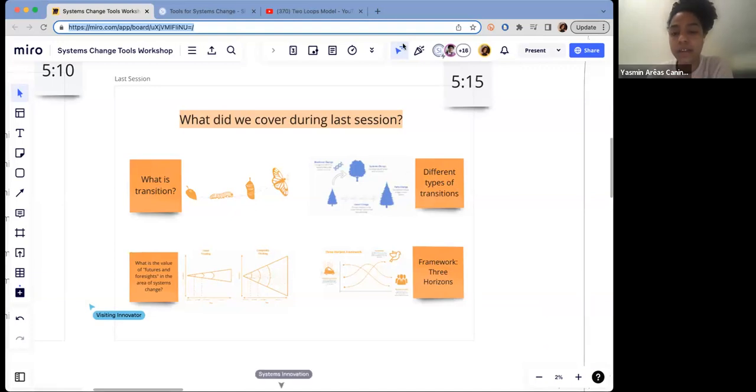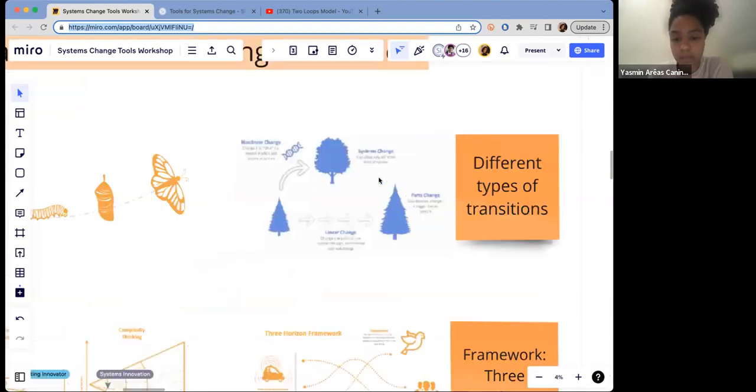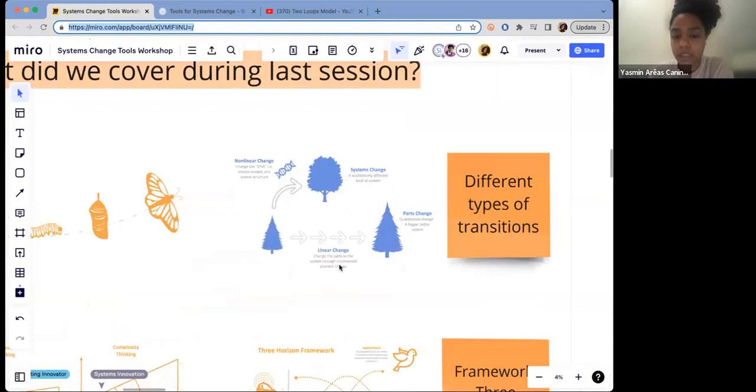And here as well, we identified two types of transitions. First, we talked about the linear type of transition, the one that is more about changing in parts, a quantitative change. In the same way that a tree gets bigger, we can see that it's a linear type of change. But then we talked about non-linear change as well, a change in the structure of the system that we're identifying.